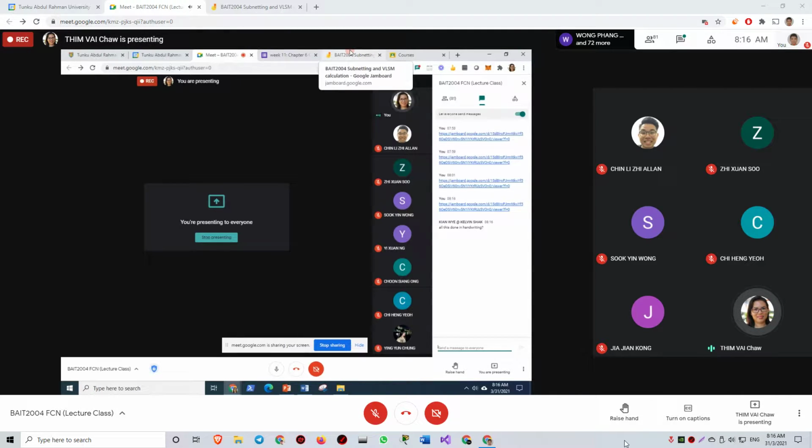Just to let you know, for diploma they also have Fundamental Computer Network, and for your degree group it is also Fundamental Computer Network, but the code is slightly different.